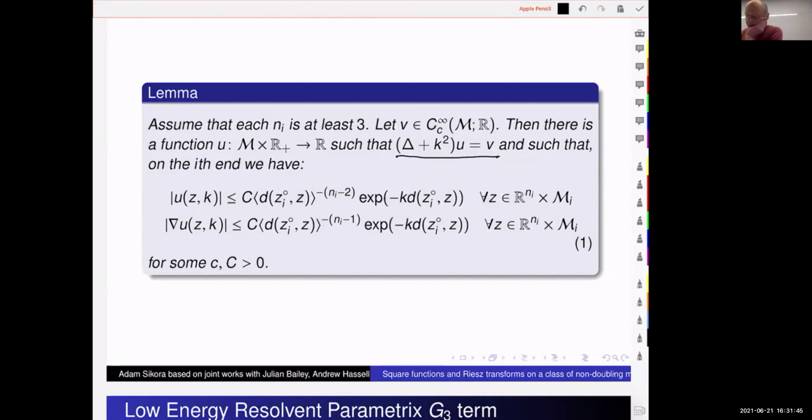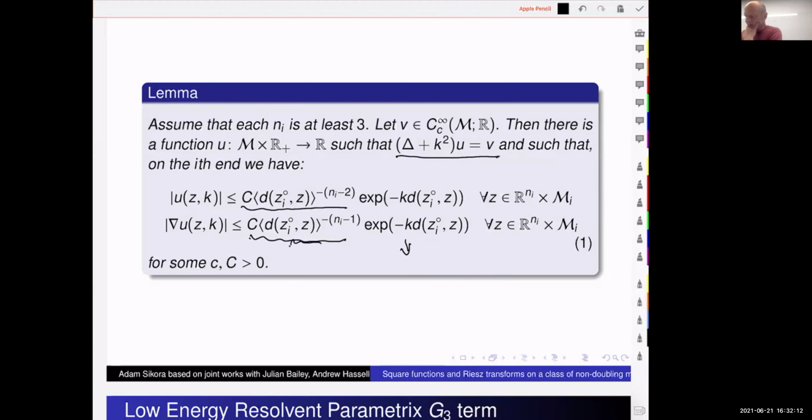As you expect for the resolvent, you have some exponential decay. The interesting point here is the complementing polynomial decay, which you get as well. At the end of the day, the crucial point is when k goes to 0, so somehow this decay is crucial.